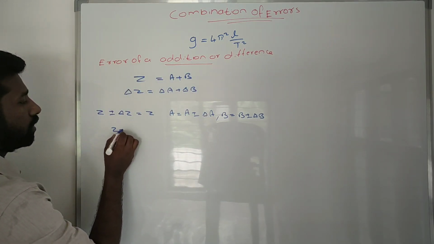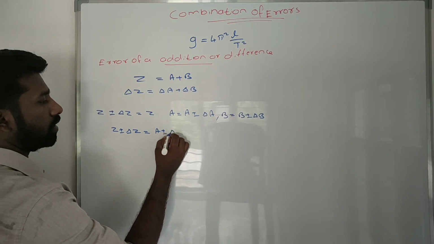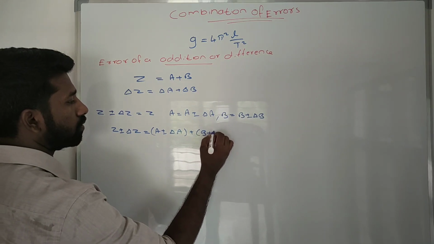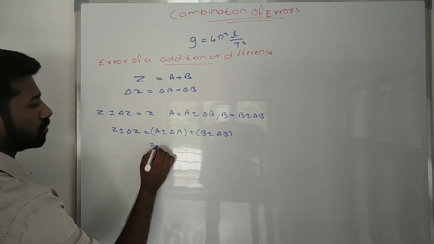So what you get? Z plus or minus delta Z is equal to A plus or minus delta A plus B plus or minus delta B. You open the bracket, so what you get?